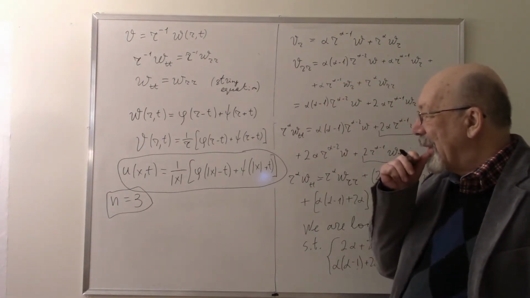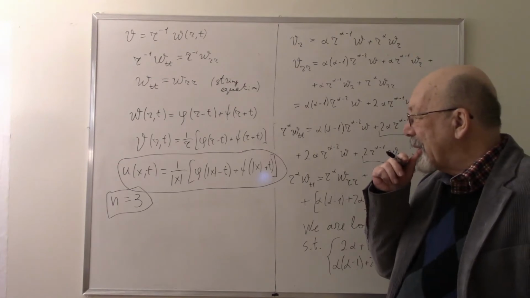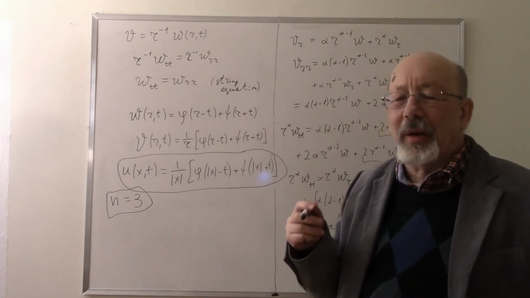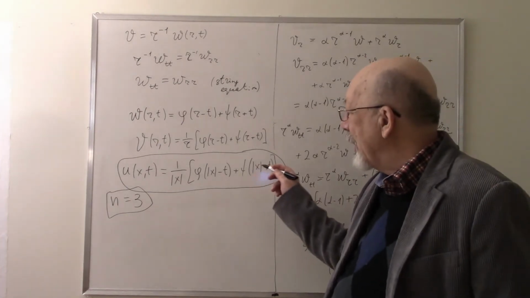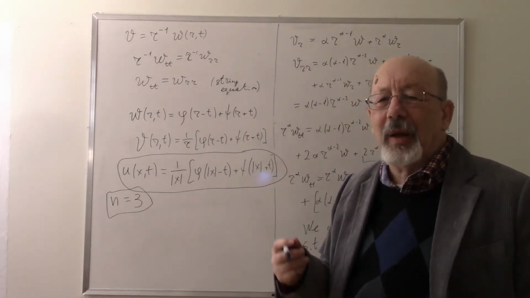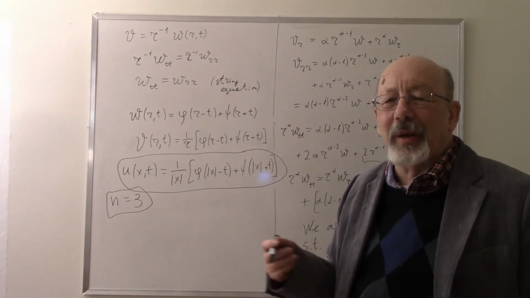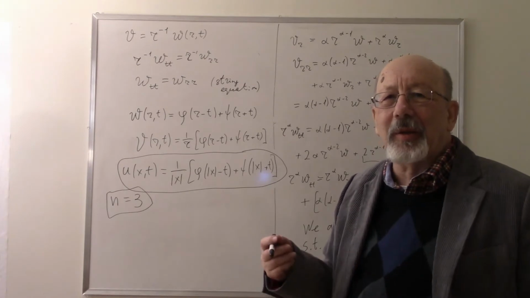So let us continue to consider the simplest case of such a solution. Substitute here the simplest function. As you know, the simplest function is not 0 and not 1 identically. It is the delta function.